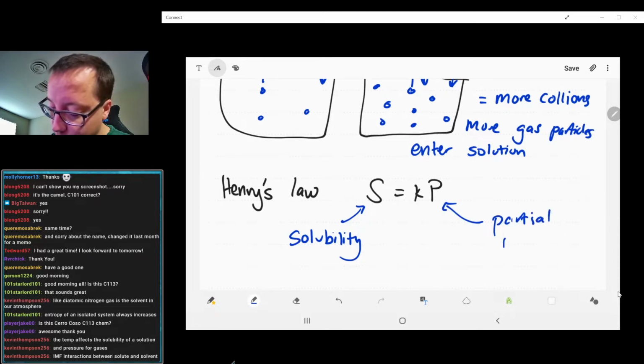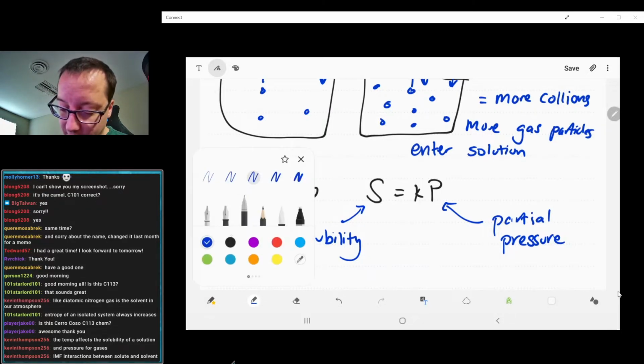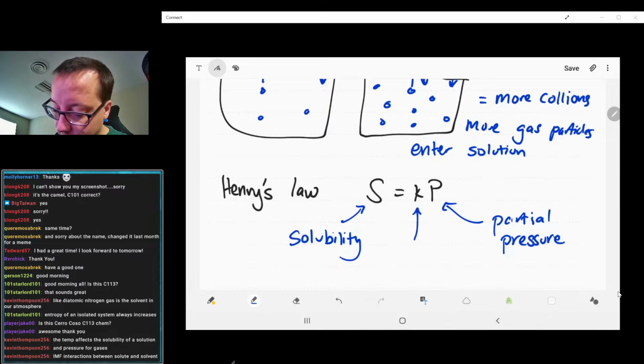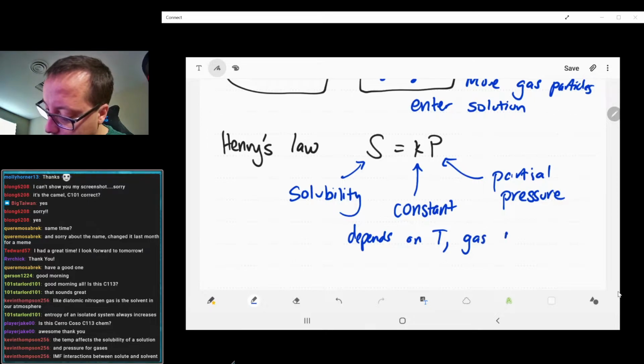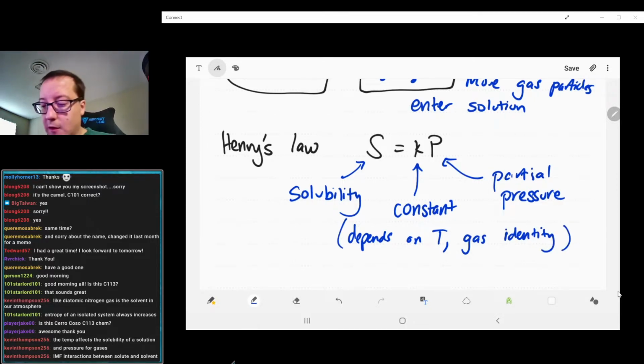Technically, it's the partial pressure of whatever gas you're looking at. So if it's carbon dioxide or nitrogen or oxygen or whatever, that's what it's going to be. And K here is just going to be a constant that depends on temperature and your gas identity. So we're going to see temperature will affect this constant as well.